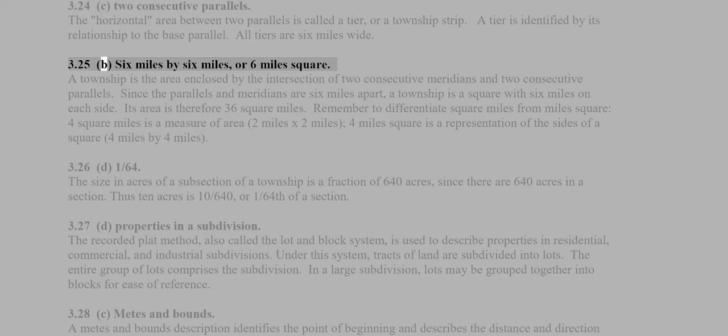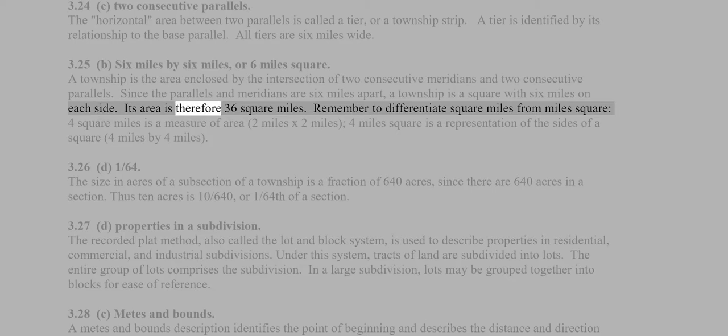3.25 B. 6 miles by 6 miles, or 6 miles square. A township is the area enclosed by the intersection of two consecutive meridians and two consecutive parallels. Since the parallels and meridians are 6 miles apart, a township is a square with 6 miles on each side.